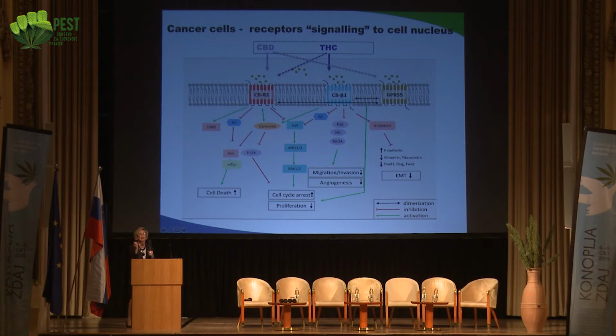This is not rigid, like a key and a lock. It's actually very flexible, so the receptors can travel along the membrane, and of course then they catch the endocannabinoids that are around, and then the signal goes, and here are various molecules.